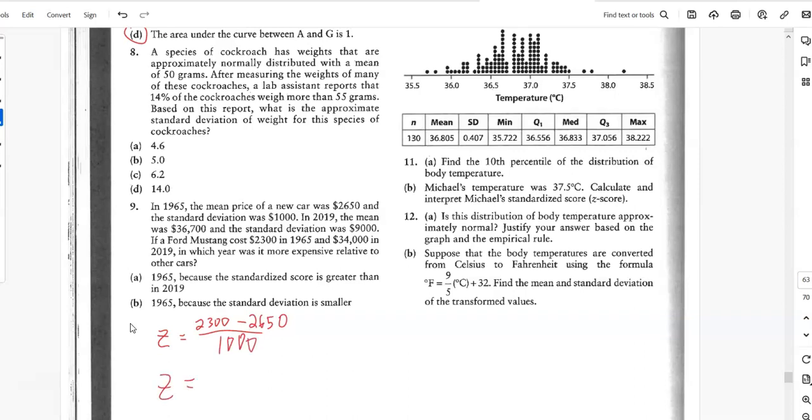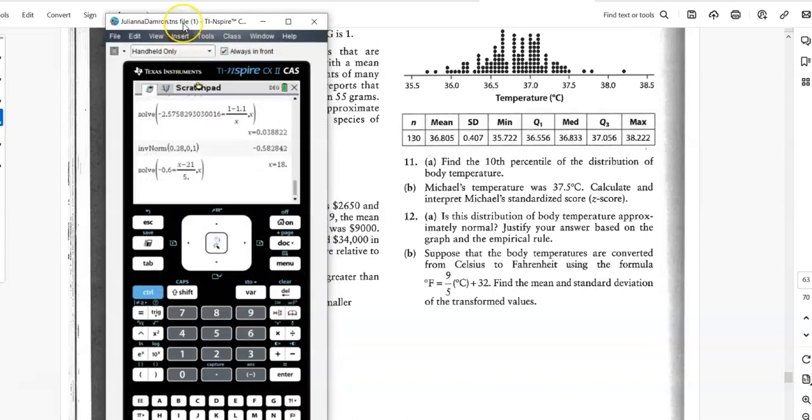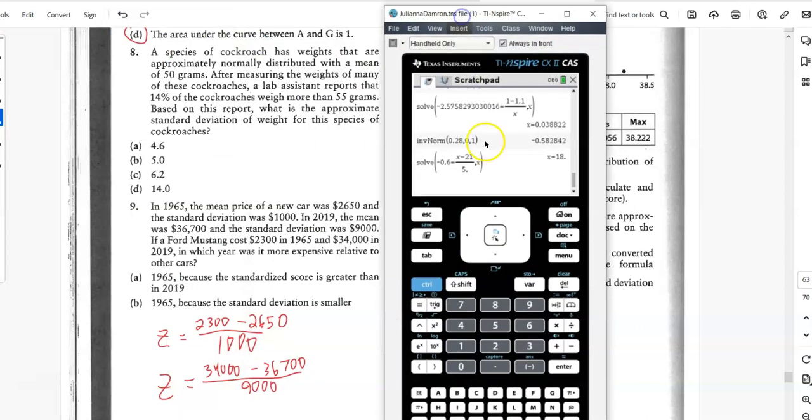And then for the second one, the newer one, we'd have 34,000. Wow, big difference in price. Minus 36,700, standard deviation 9,000. So you get your calculator out and type those in.